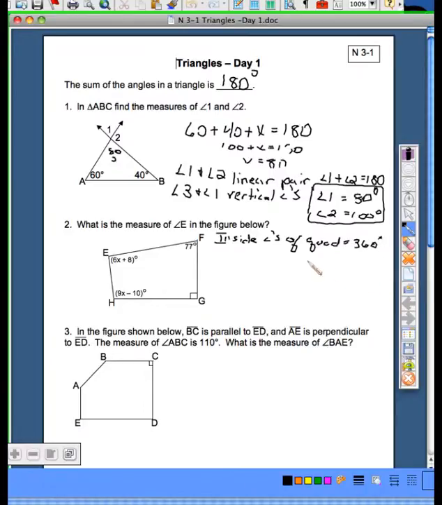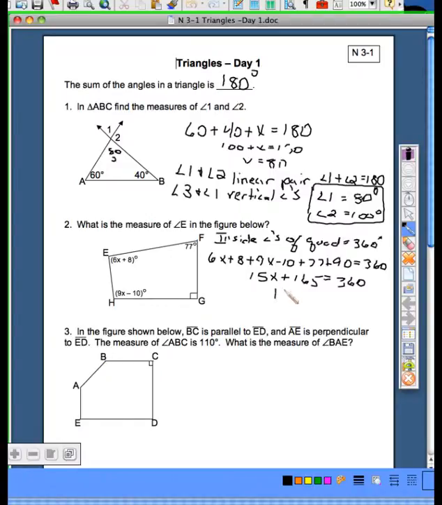Okay, so we know this symbol means 90, so we have 6x plus 8 plus 9x minus 10 plus 77 plus 90 equal to 360. Okay, which is 15x plus 165 is equal to 360.